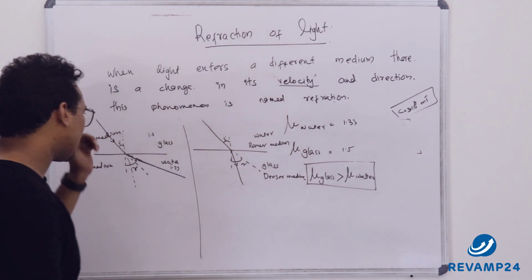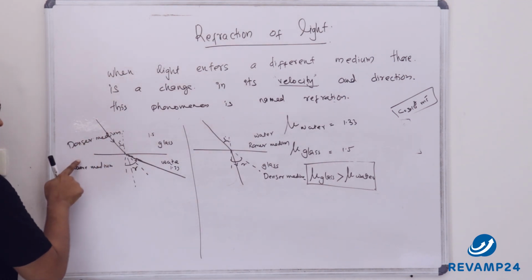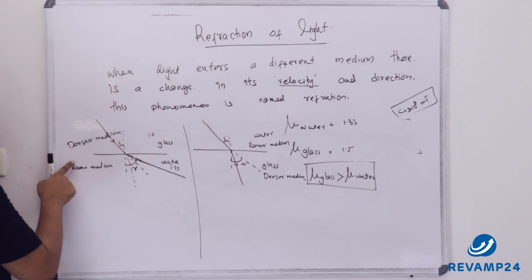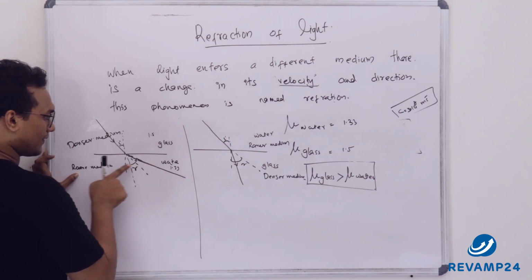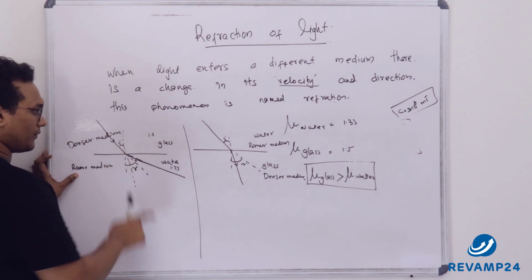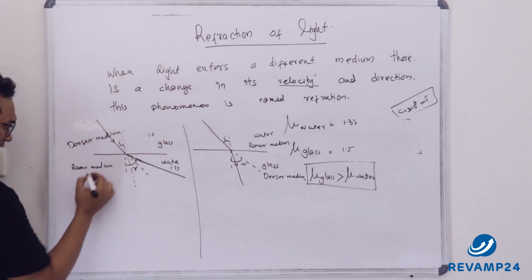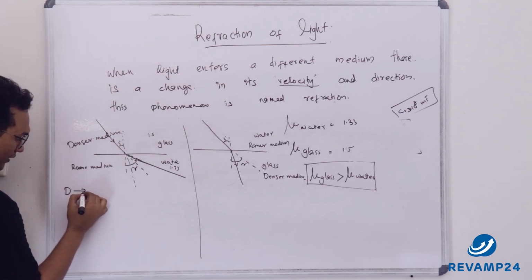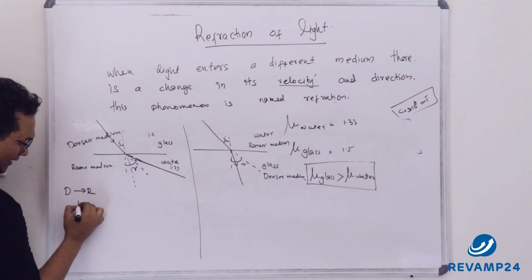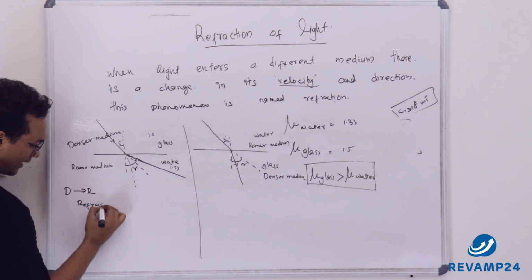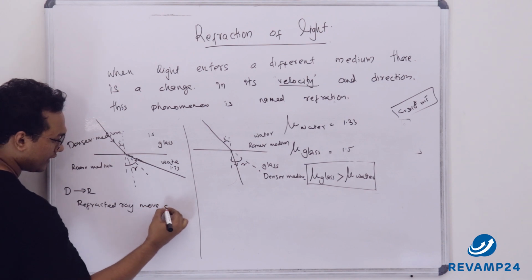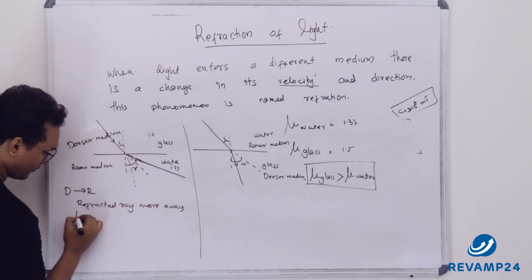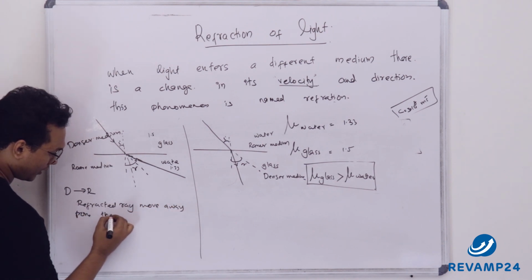So I can now simplify that when the light ray is traveling from a denser medium to a rarer medium, after refraction, the refracted ray moves away from the normal.